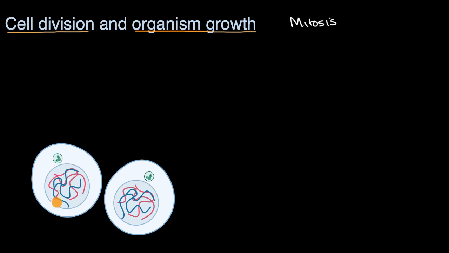Just to understand what these long strands are, these are chromosomes in their non-condensed form. A chromosome you can really view as a long strand of DNA, and you're going to have segments of that DNA that code for specific proteins. Those segments are what we call genes. In a given chromosome pair, you will code for the same genes, but you might have different versions of the same gene.